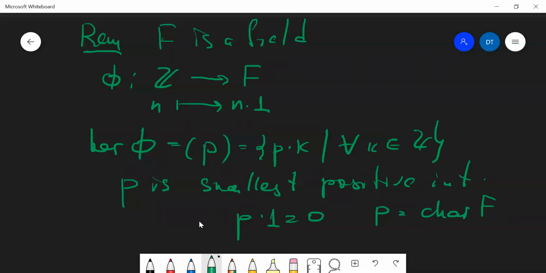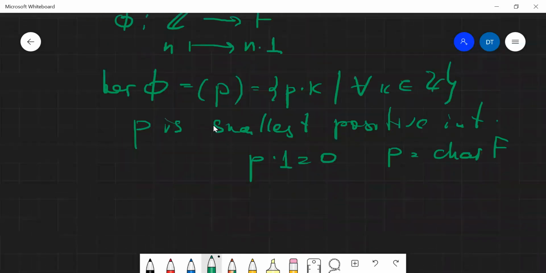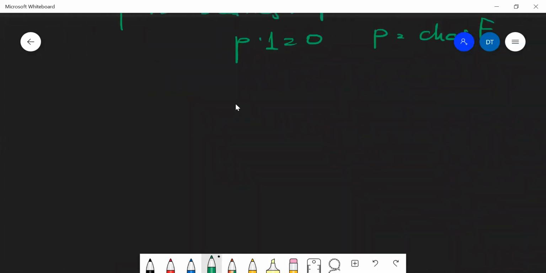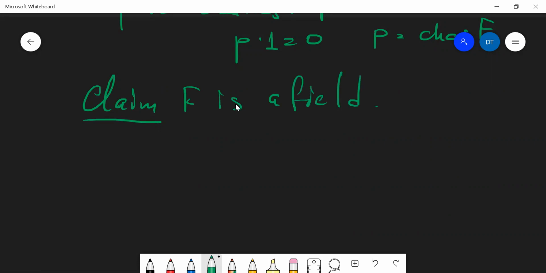Okay, so let me explain that the characteristic is always prime if it's not 0. So the claim: suppose F is a field, and suppose that the characteristic is not 0.